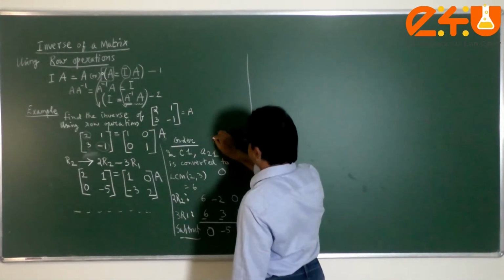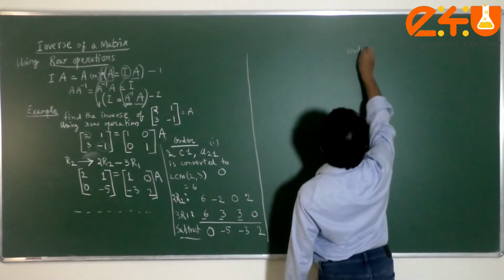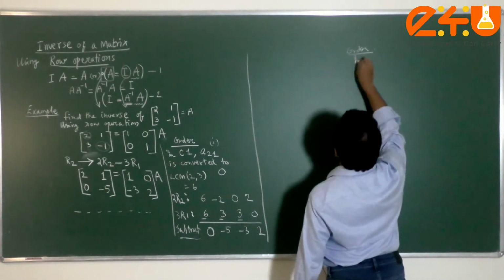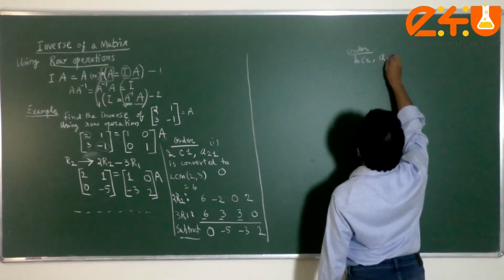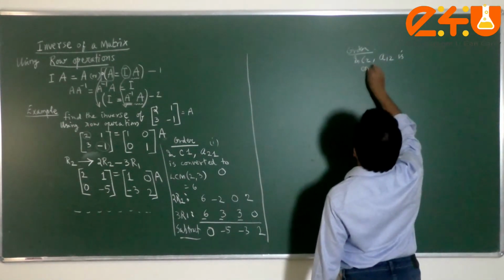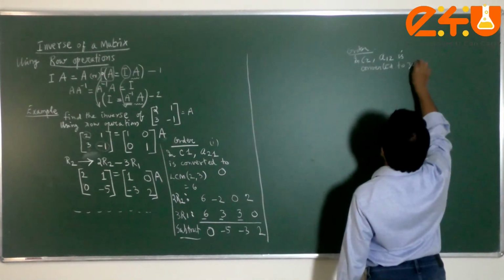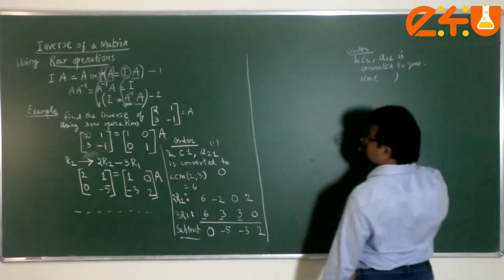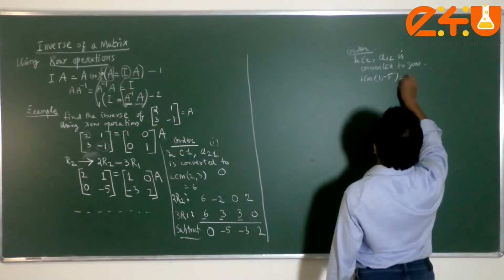This is order step 1. In the rough column, I can just mention what we are going to do in the next order. We are going to follow in column 2 the position 1, 2 is converted into 0, by considering the LCM between the numbers 1 and minus 5.